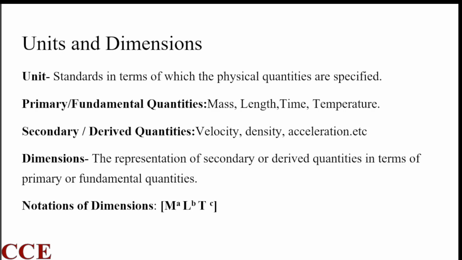Now, these quantities are divided or differentiated into two types. First is primary quantities or fundamental quantities. So, we know mass, length, time, and temperature are called primary quantities.